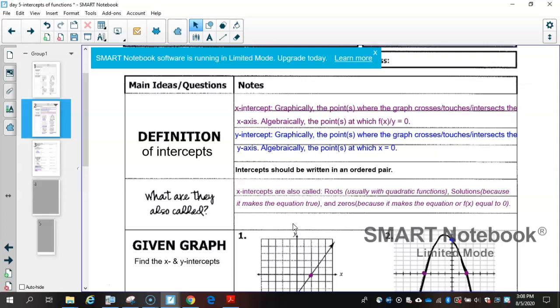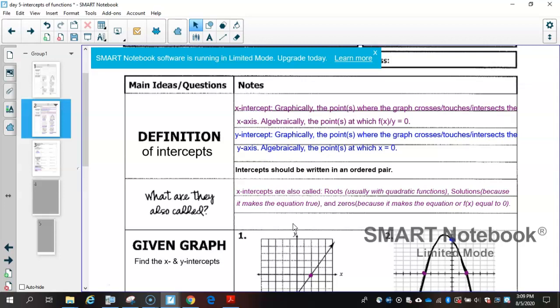So roots you usually hear with quadratic functions, and that's a later unit, so we'll talk about that again when we get to that unit. They've been called solutions because they make the equation true. You could put that solution back in, and whatever it's supposed to equal is the same as what you get when you work it out, so it makes the equation true.